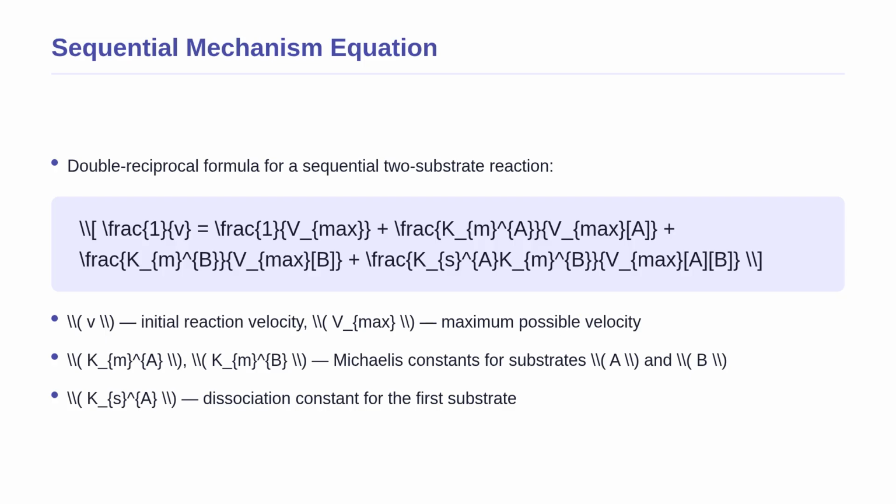The Km values represent how tightly each substrate binds. The unique part here is the final term containing Ksa, the dissociation constant. Because both substrates are on the enzyme at the same time, their concentrations multiply together in the denominator of this final cross term. If you increase the concentration of either substrate, this entire term shrinks, speeding up the overall reaction.